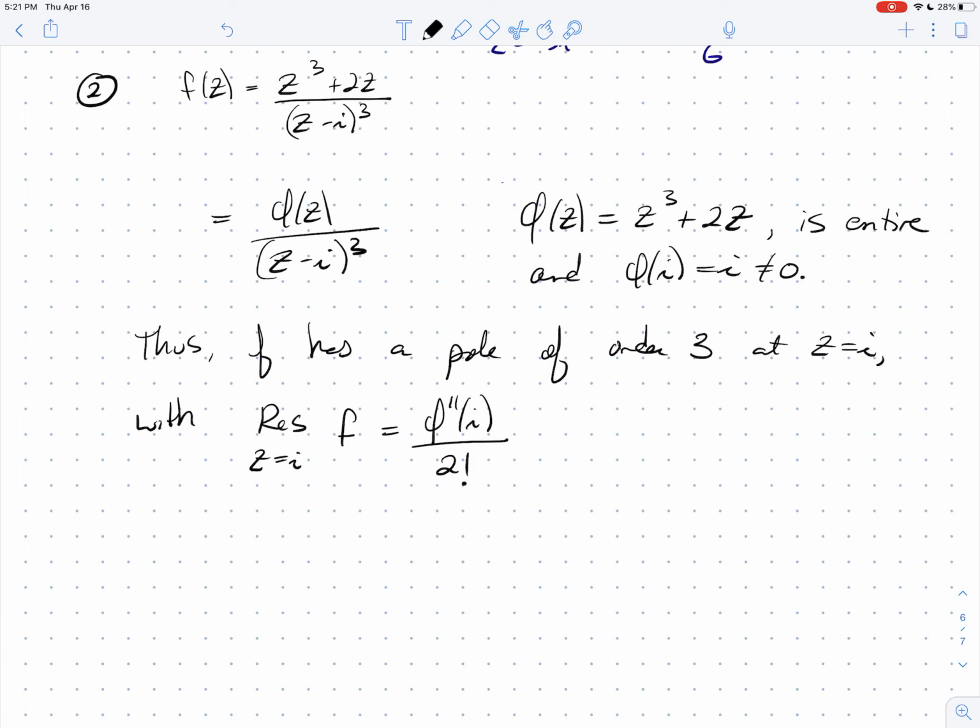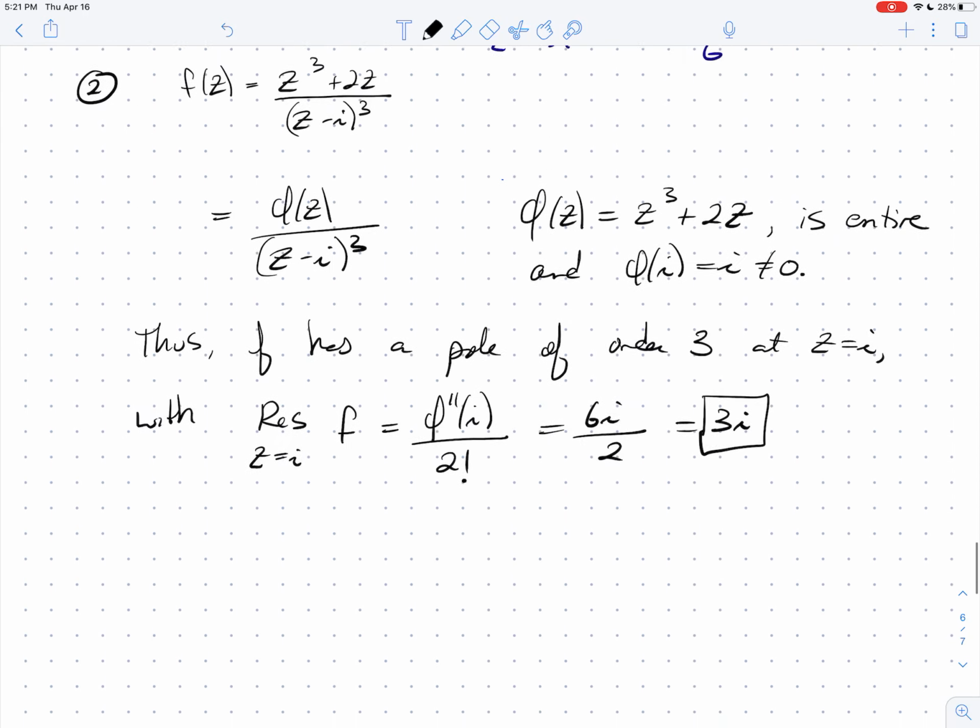Well, the second derivative: we get 3z squared plus 2, so 6z, so 6i over 2, so we get 3i for the residue. That's a pretty slick way to get your hands on the residue. Certainly beats having to look at the Laurent series in this case.